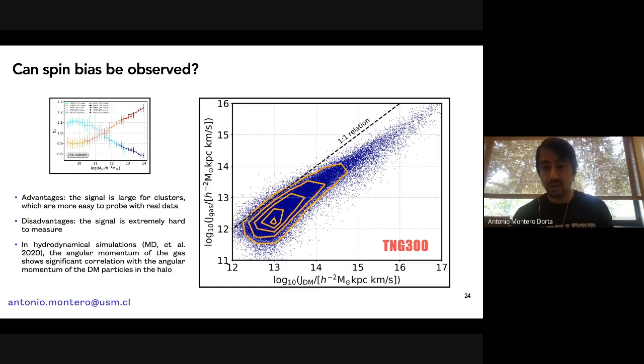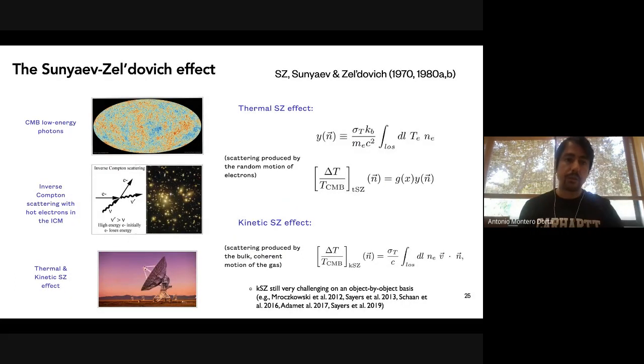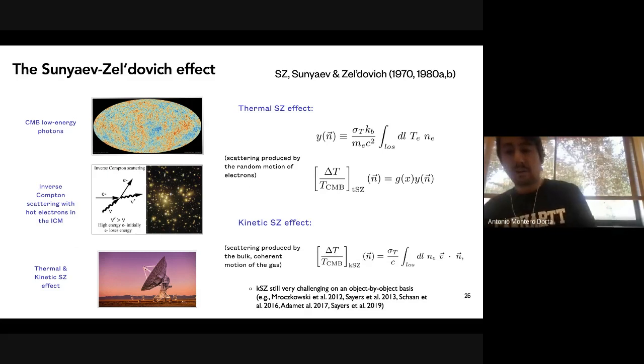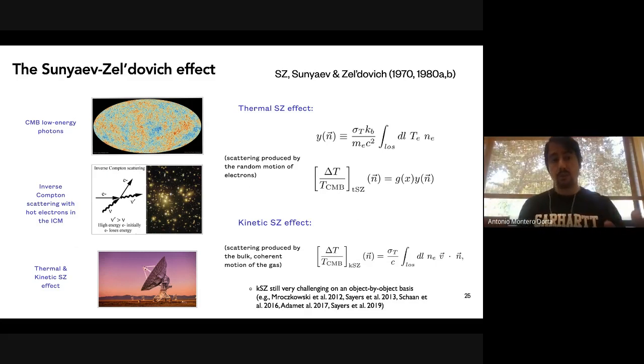But just very quickly, we did a little bit of an analysis last year, also using IllustrisTNG 300. What you see in IllustrisTNG, as shown in that plot, is that the angular momentum of the gas in halos is correlated with the angular momentum, as expected, of the dark matter in halos. So we thought that maybe the Sunyaev-Zel'dovich effect could be of help here. I think you all know what the Sunyaev-Zel'dovich effect is.